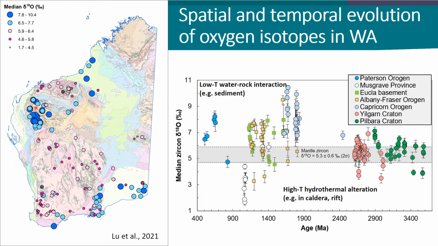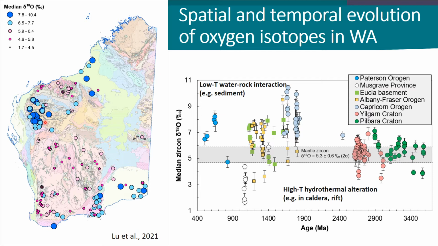The Capricorn, Albany-Fraser, and Paterson orogens and the Eucla basement contain rocks predominantly with elevated oxygen values from 6.5 to 10.4 per mil, suggesting significant reworking of upper crustal material that has been weathered or hydrothermally altered at low temperature.